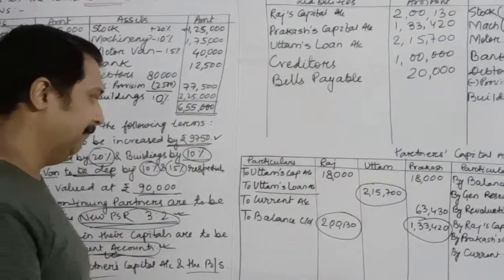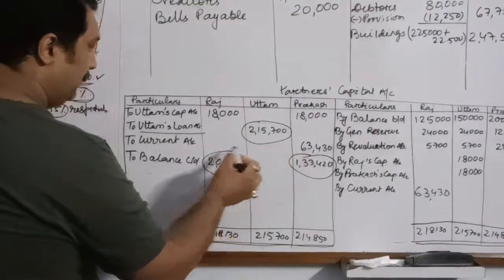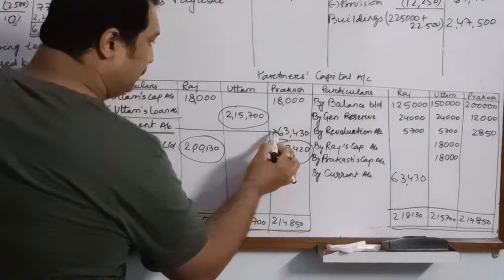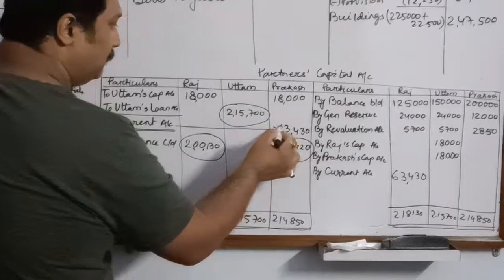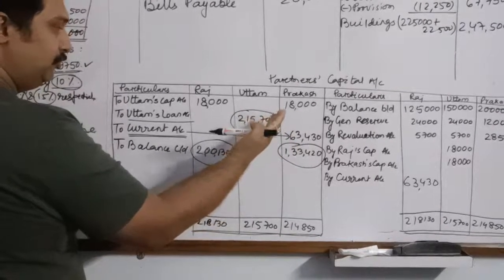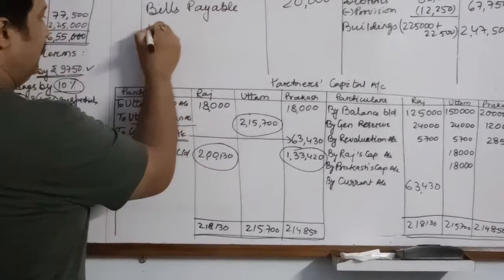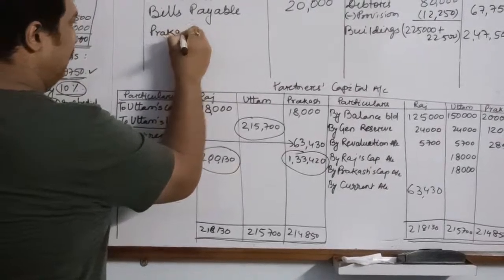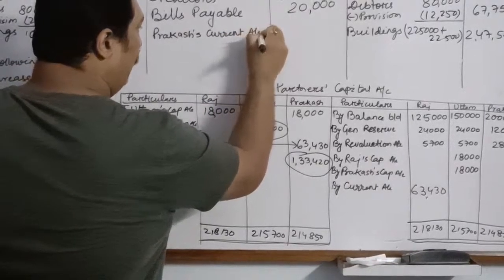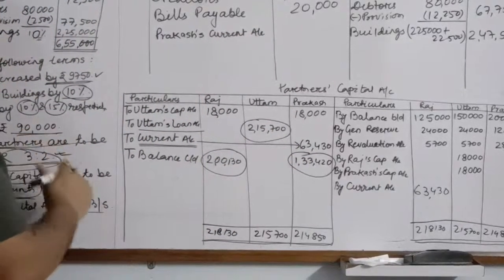Now come over here. You can see that the current account is the name, and whose current account is created? Prakash. So this is on which side? Credit side. So children, here I will write on the liability side itself, Prakash's current account. Why will it come on the liability side?